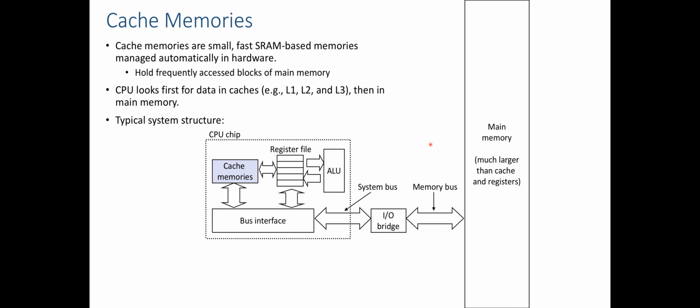So remember, we have our cache memories on the CPU chip. Right now, we're not going to worry as much about whether it's level 1, level 2, level 3, because what happens works the same at all those levels. So we're just going to think about it as cache. And then our CPU has access to main memory. Here I've shown it up and down the side of the screen because it's important to recognize how much larger main memory is than cache.